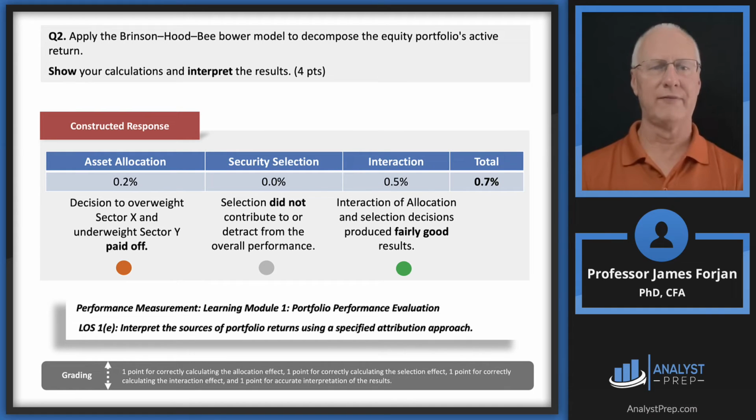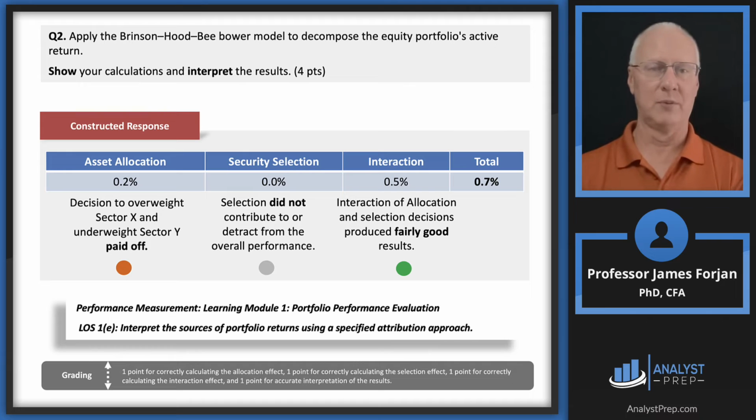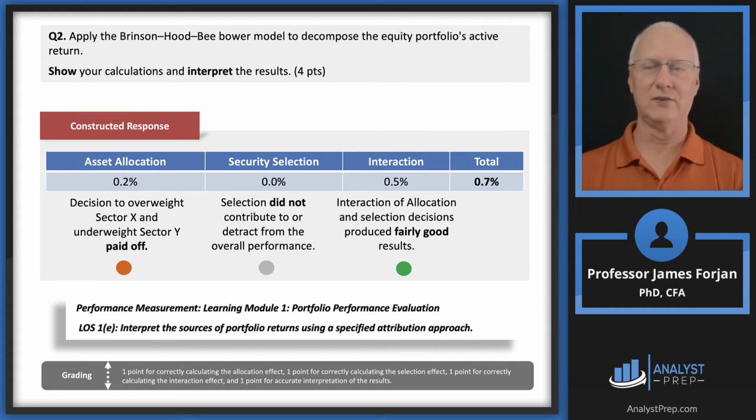So let's make sure that we complete the answer. We did the math, so show our calculations. So let's go ahead and interpret, which I just did, going through those slides. And so there we go. The decision to overweight sector X paid off. Nothing really happened. I would put down security selection. My answer, I always like to give crazy answers. I would say something like, hey, marginal cost equals marginal benefit of security selection.